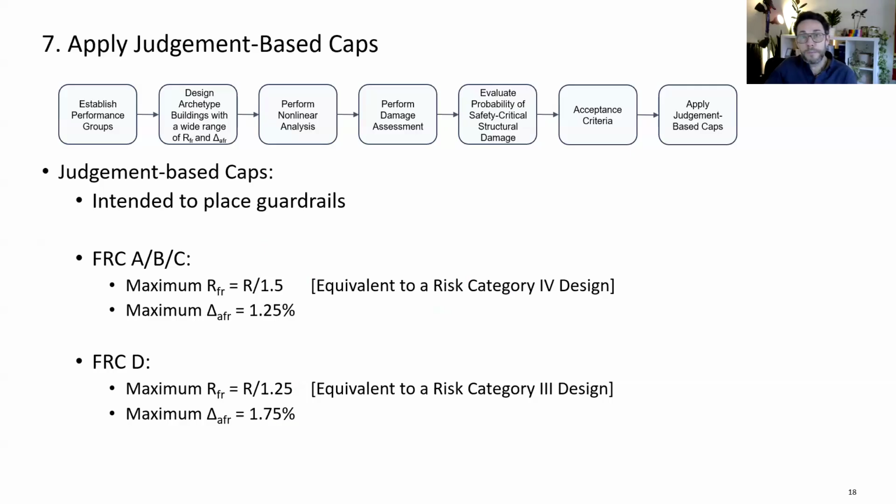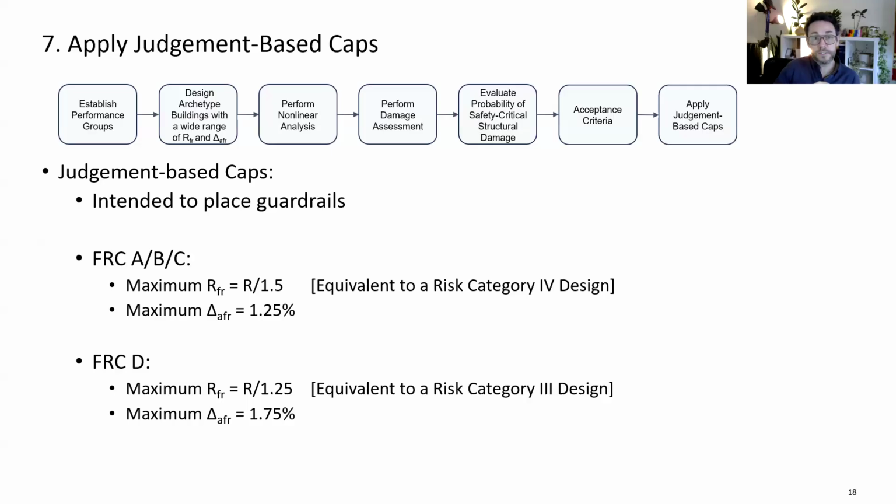So as part of that development process of Appendix A, the Provisions Update Committee also introduced what we refer to as judgment-based caps on the resulting design parameters. So limits effectively on RFR and drift that serve as guardrails for this first generation of functional recovery design provisions.